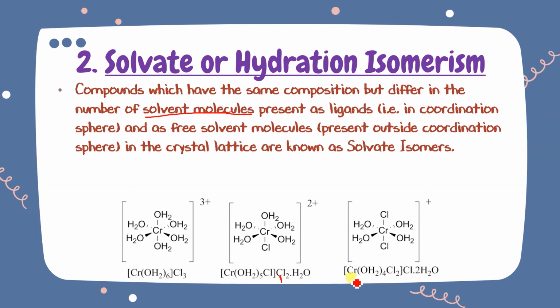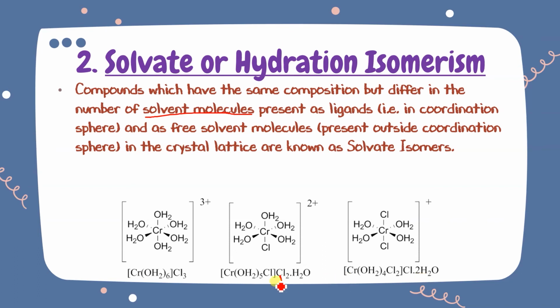Now, is it possible, although H2O molecules are more, so H2O molecule come outside, but क्या और chlorine को मैं अंदर भेज सकती हूँ? No, because if one more chlorine goes inside, there will be no counter ion. So completely change हो जाएगा. The nature of the complex will be changed from the cationic complex to the neutral complex. So that's why it won't happen. I hope it is clear.